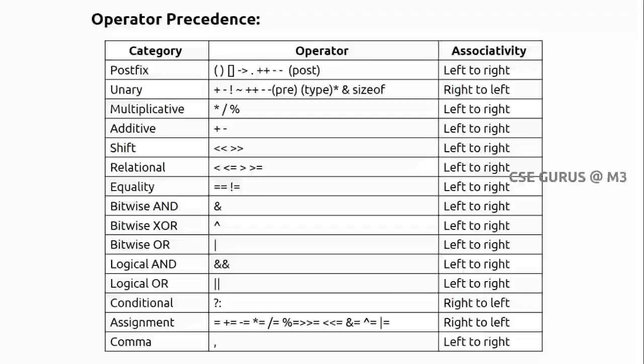So this is the operator precedence table where, if you take two operators, the one on top will be the first priority. If I take multiplication and plus, multiplication is on top, that's why it is higher priority compared to plus. If both are in the same line, let us suppose multiplication and division, then you have to take the associativity, left to right, so whichever comes first on the left gets the priority.